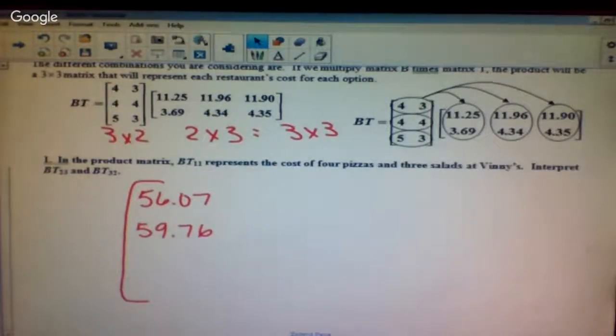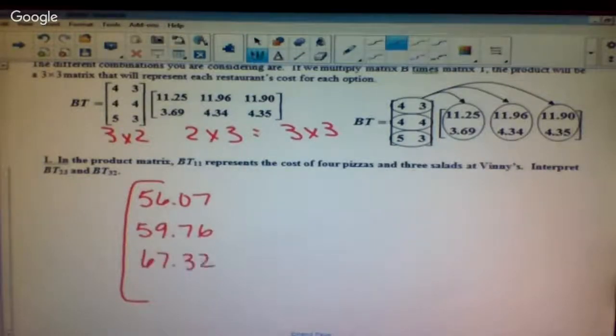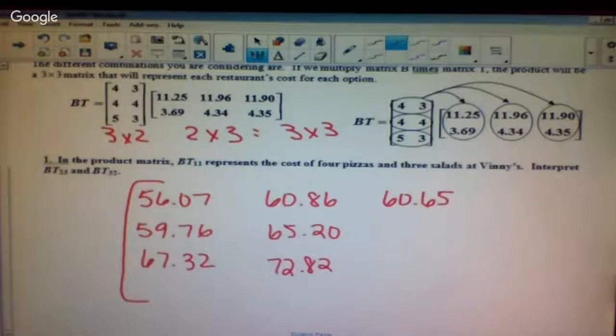So you would have gotten 56.07, 59.76, 67.32. This one would have been 60.86, 65.20, and 72.82. This would be $65, $65, and $72.55.